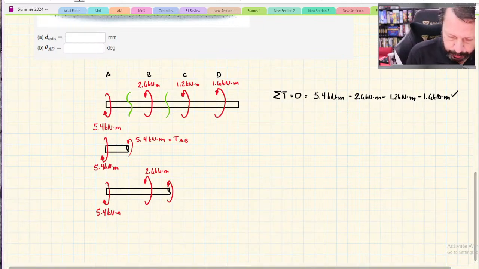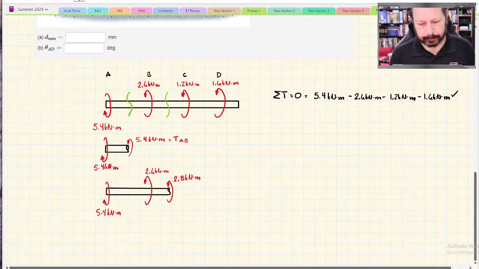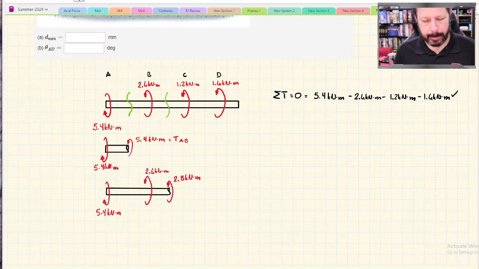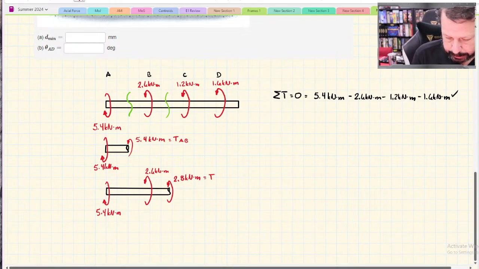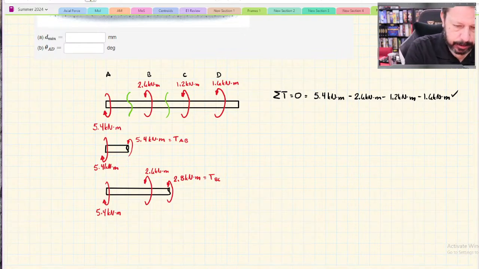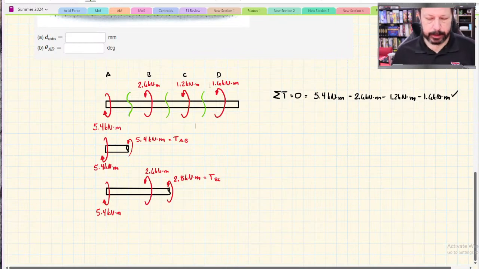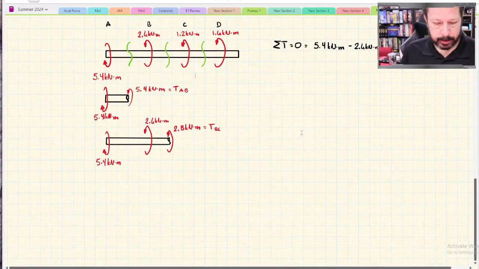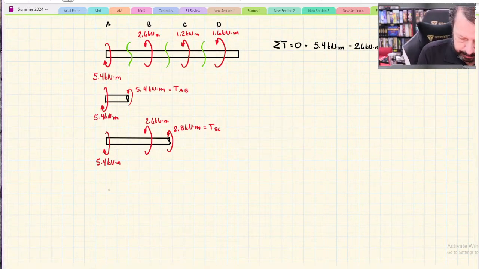So I need another 2.8 kilonewton meters inside here in order to make that free body diagram in equilibrium. That would be the torque in section BC, which is smaller than the torque in AB. And then if you want to be absolutely certain, you cut open the last section, CD, and draw that free body diagram.